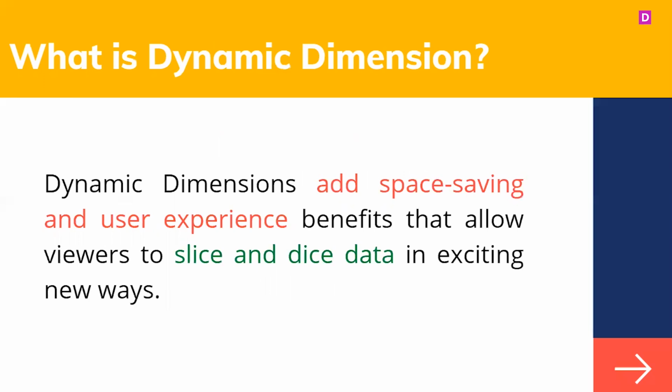So by having a dynamic dimension, what you're going to achieve is definitely some kind of space saving as well as a user experience benefit. It is a definite user experience benefit, because with a click, a user is able to change the dimension and, in the same visualization, visualize the things with a different dimension, which is a better user experience.